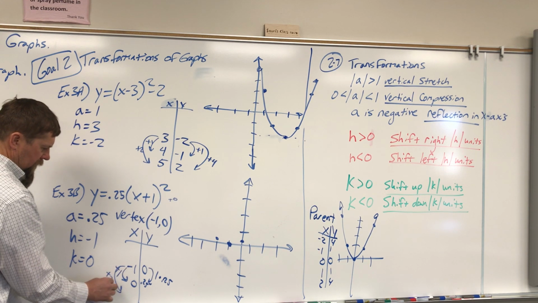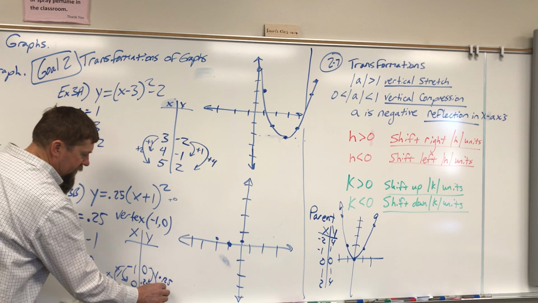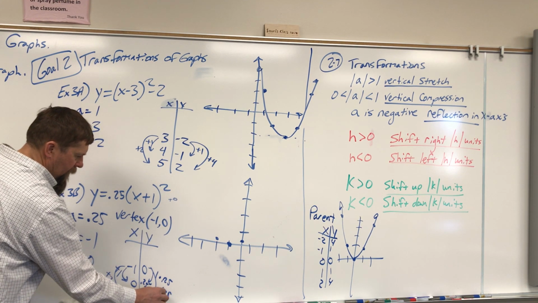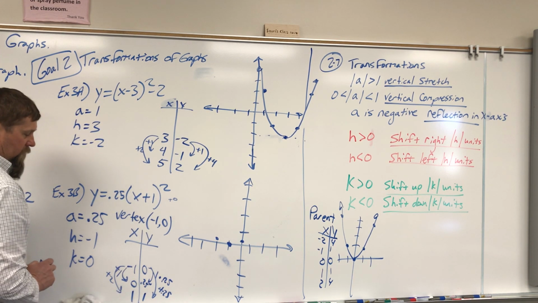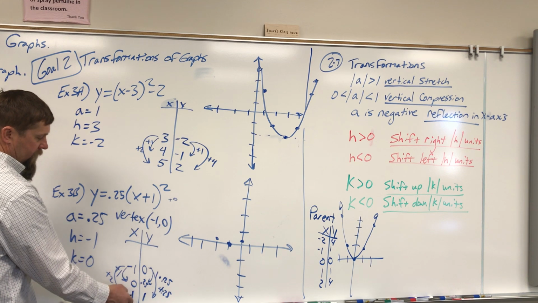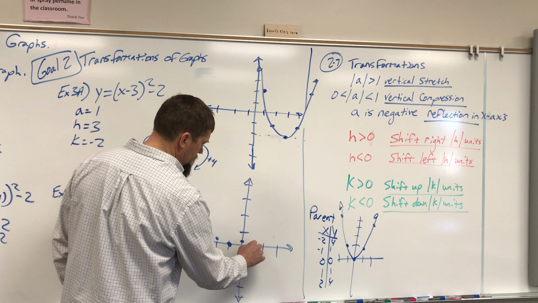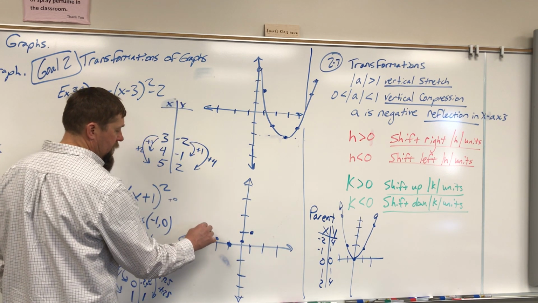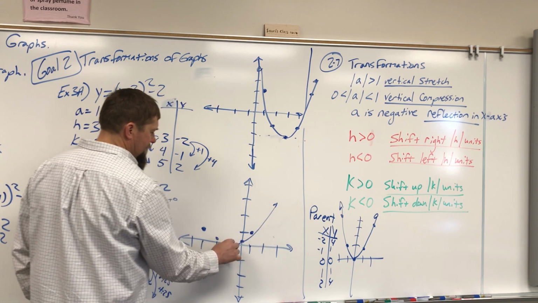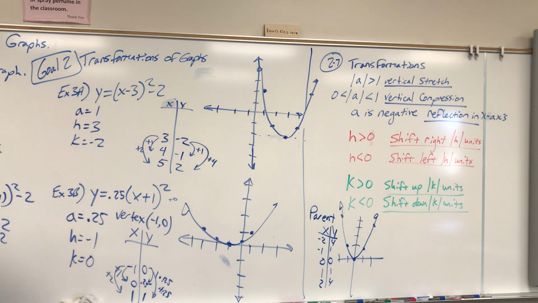Over 2, instead of going up 4, we take 4 times 0.25, which is 1, so up 1. Over 2, up 1 here. It's a very flat graph because the a value is less than 1, and therefore it's a vertical compression.